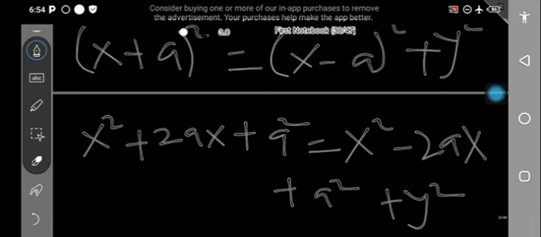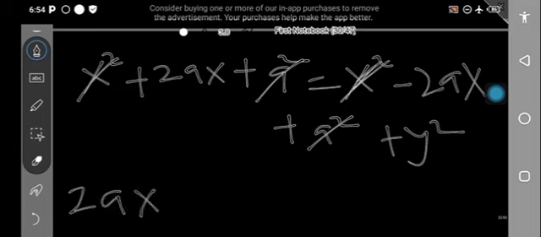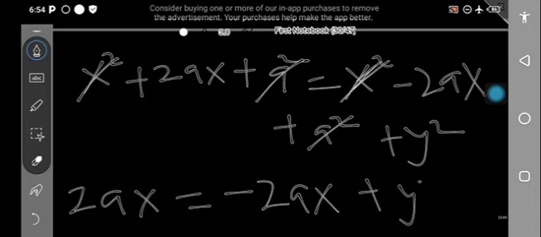So x squared cancels x squared, and a squared cancels a squared. We are left with 2ax equals minus 2ax plus y squared.